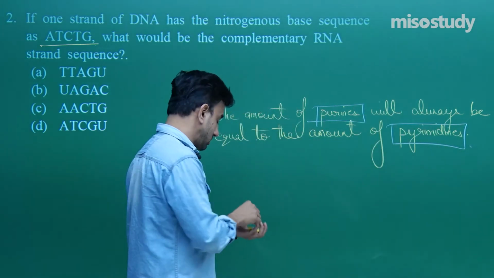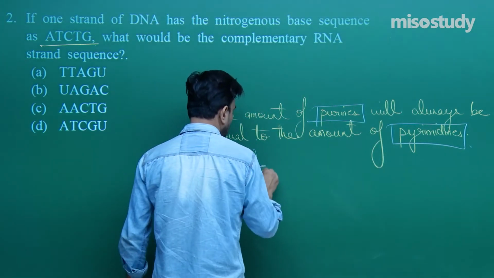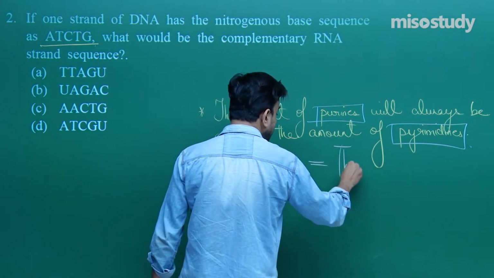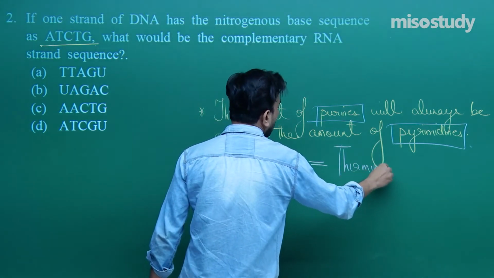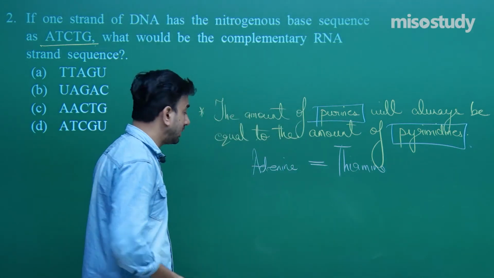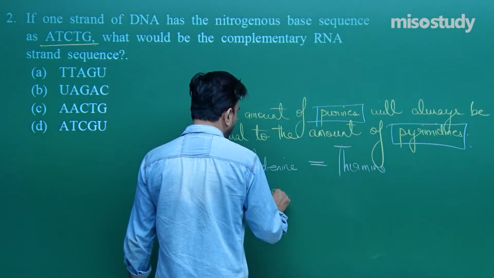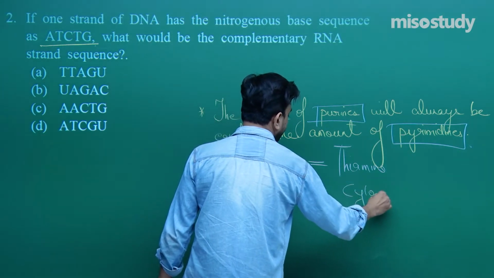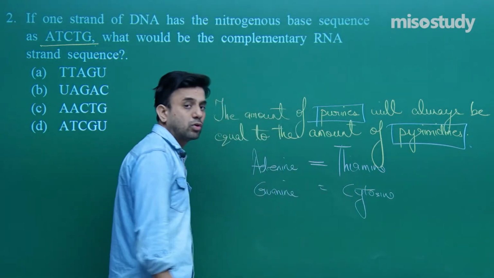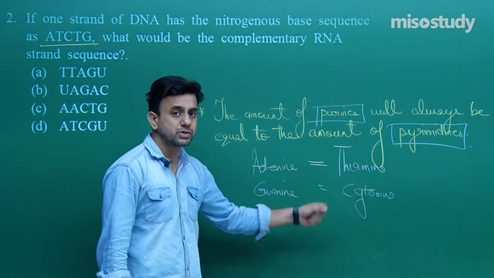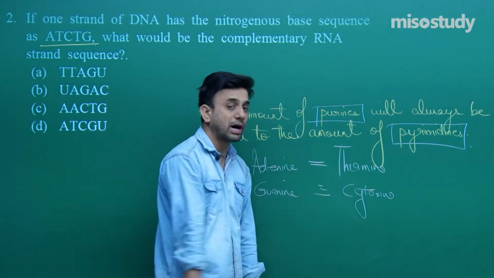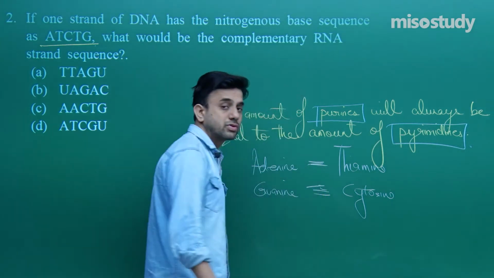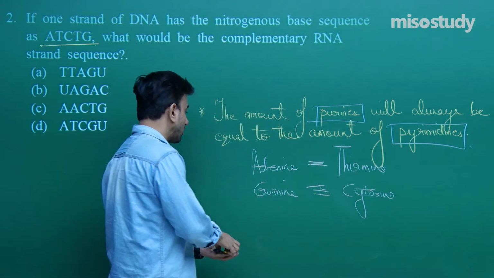That means adenine will be equal to thymine and guanine will be equal to cytosine. Obviously, we know that here there will be 2 hydrogen bonds and here there will be 3 hydrogen bonds.